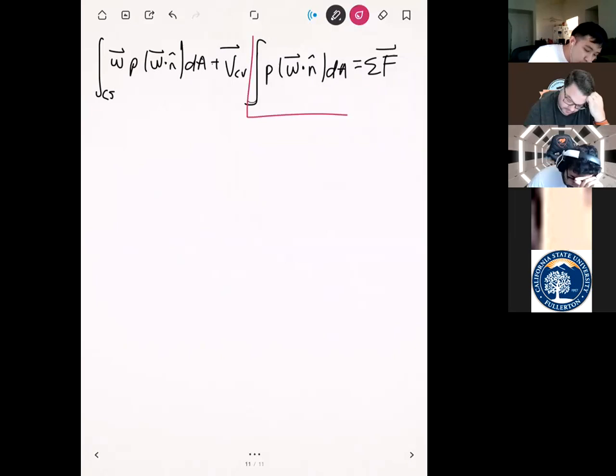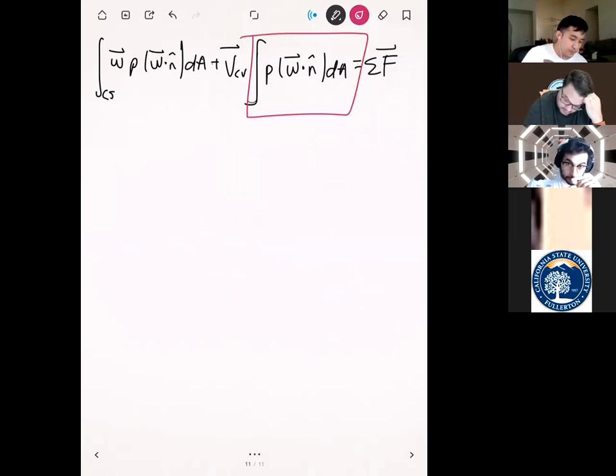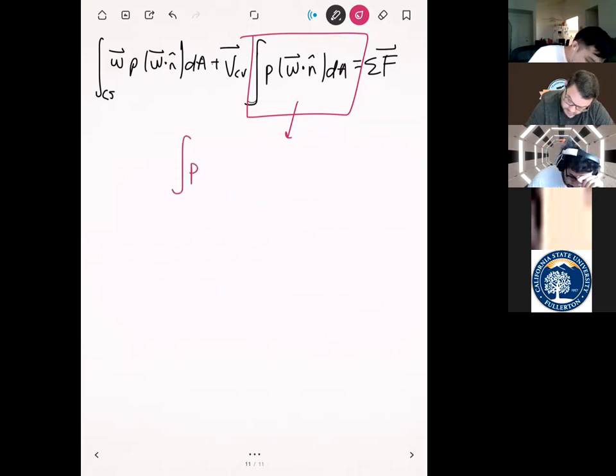And so we can actually simplify this quite a bit more, because if we look at this term right here, this is just the integral of rho W dot N dA.